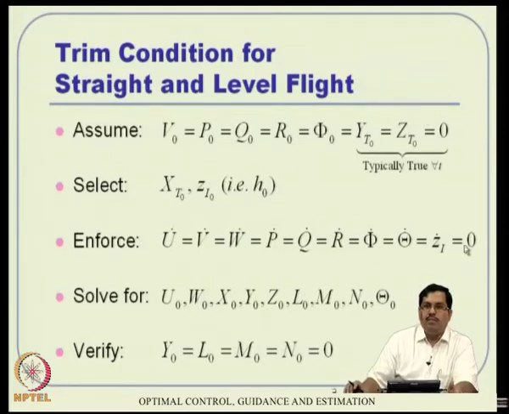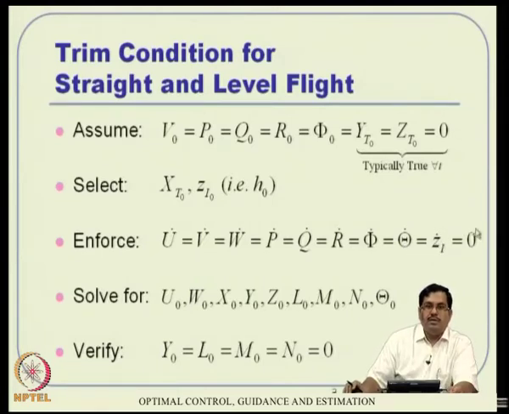Then you want to enforce, remember these 9 equations are there for us, that the rates of all those variables should be 0: u dot, v dot, w dot, p dot, q dot, r dot, phi dot, theta dot and psi dot. The last one is the height part of it.